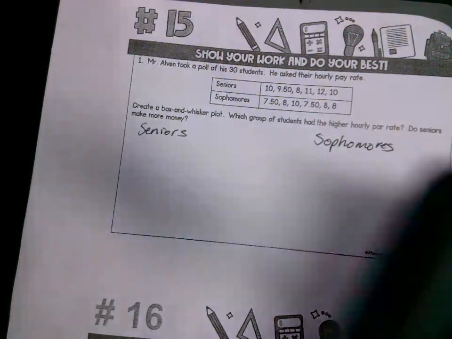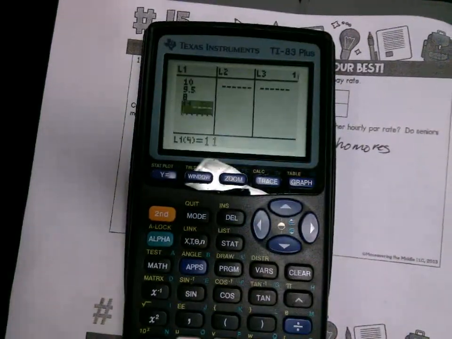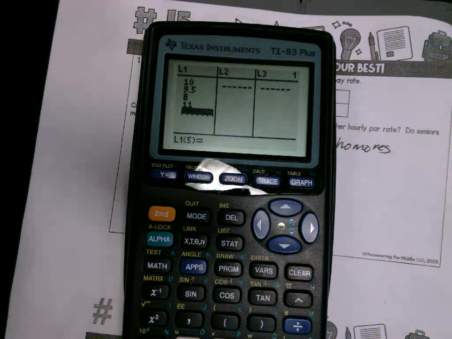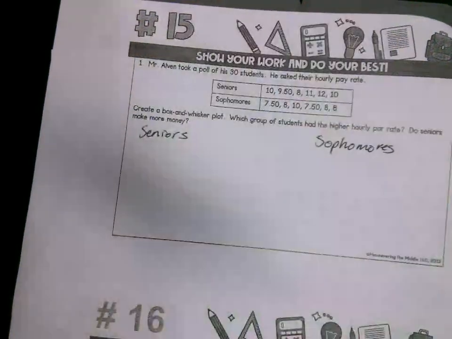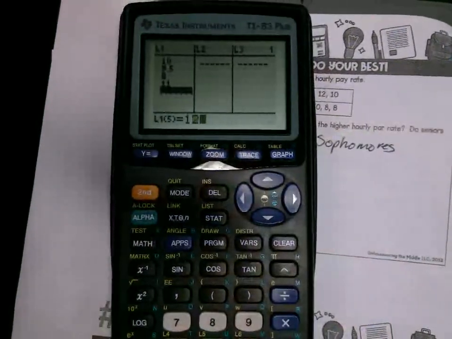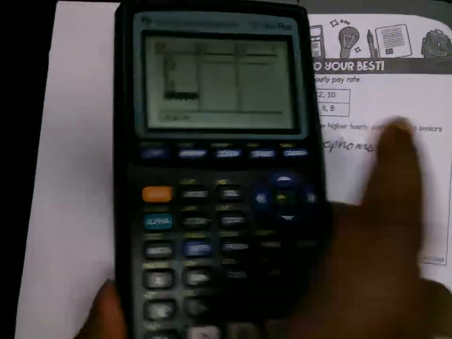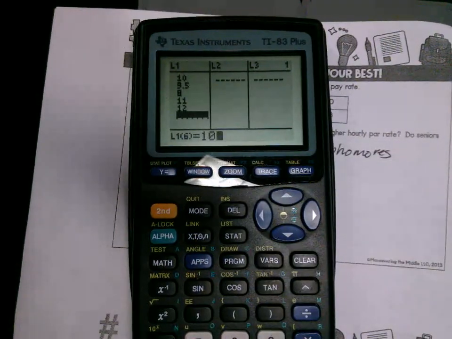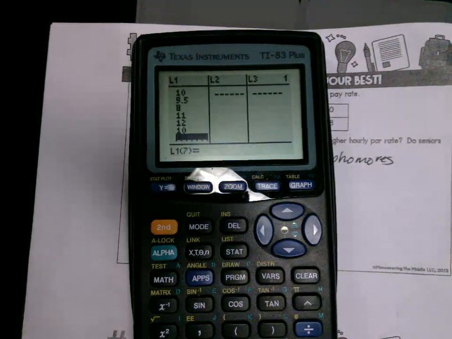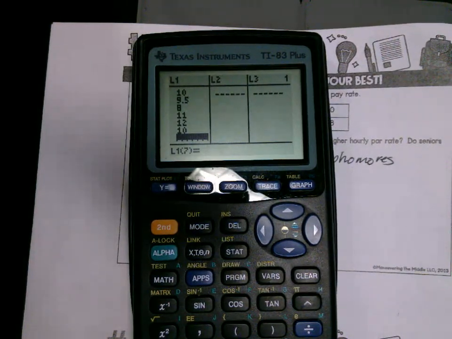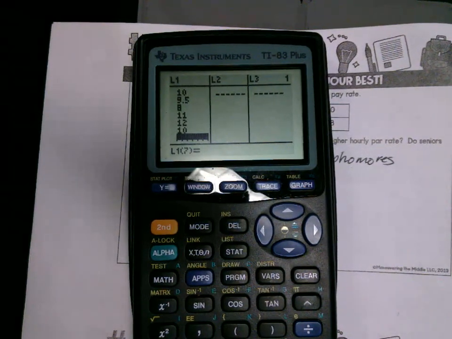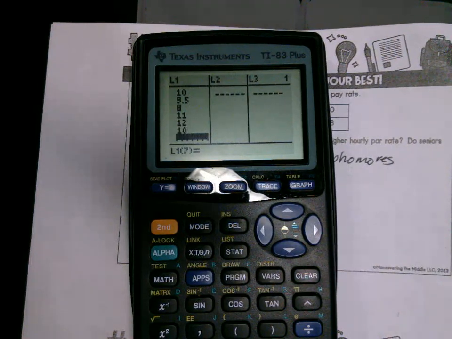What's the fourth number? 11 and enter. Now it's asking for the fifth number. What's the fifth number? 12 and enter. And now it's asking for the sixth number and enter. Okay. We don't have any more numbers, so we stop there. Any questions about how to type numbers in a list?